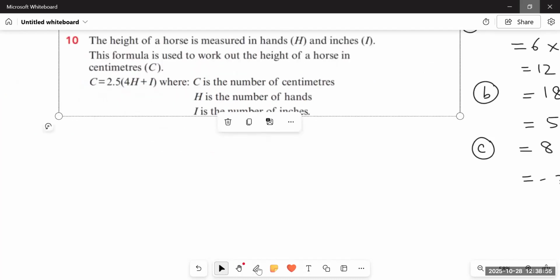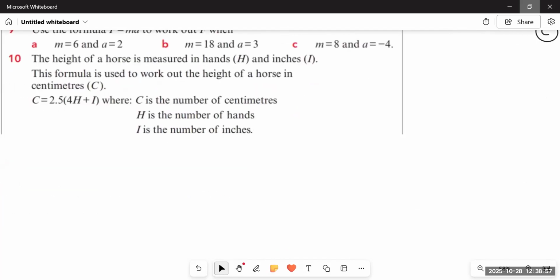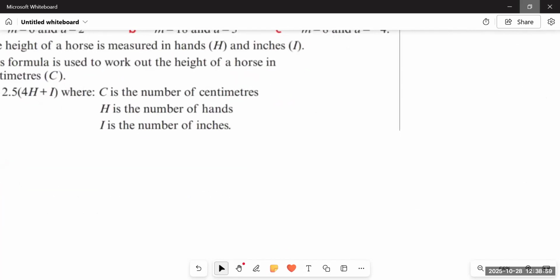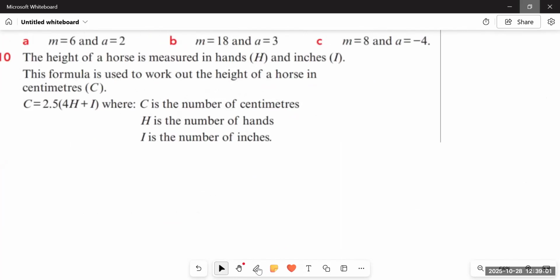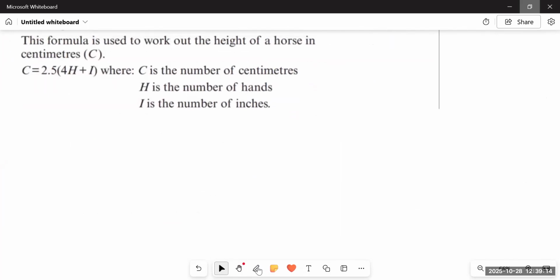Now, question number 10: the height of a horse is measured in hands and inches. The formula involves H and I, and it is used to work out the height of a horse in centimeters. The formula is C = 2.5(4H + I).